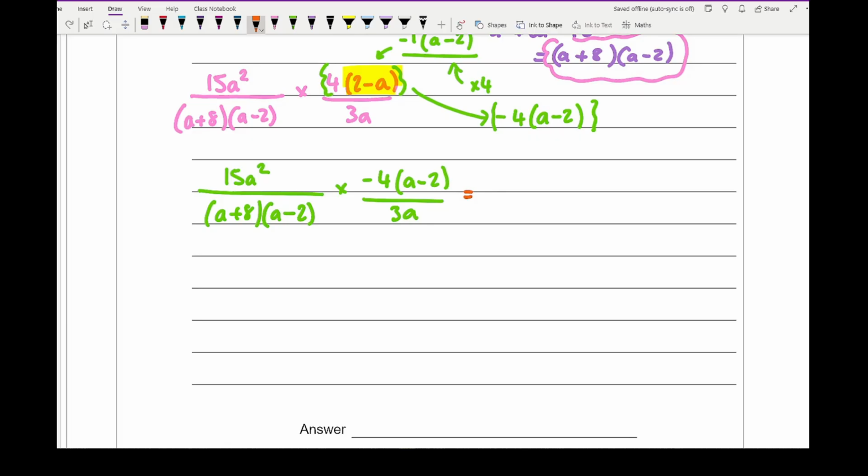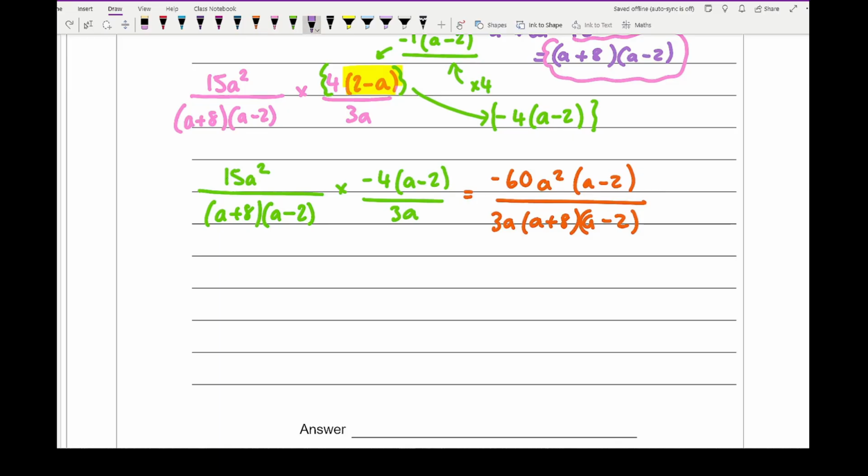So if we do just that, 15 times minus 4 is minus 60, and then a squared times a is a cubed, and let's not jump ahead too far. Then we get a squared, a minus 2, all over 3a, a plus 8, a minus 2.